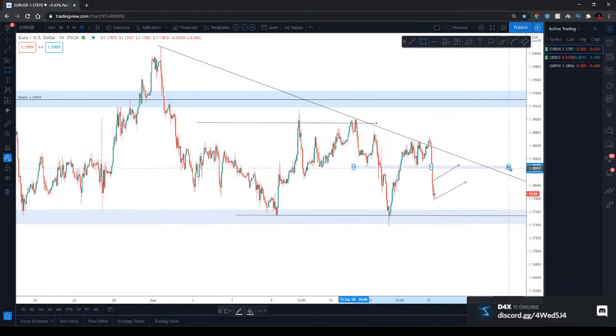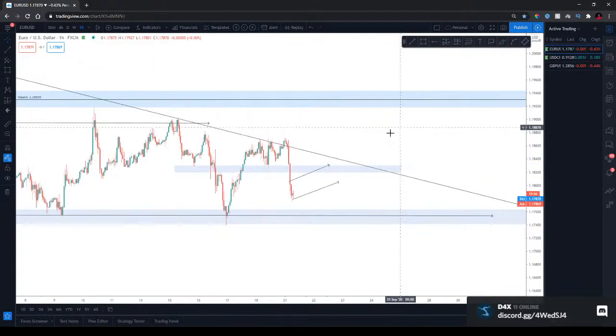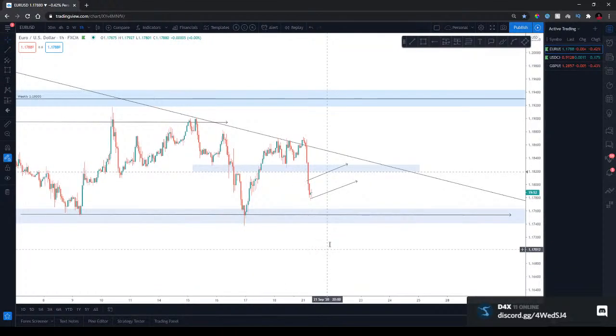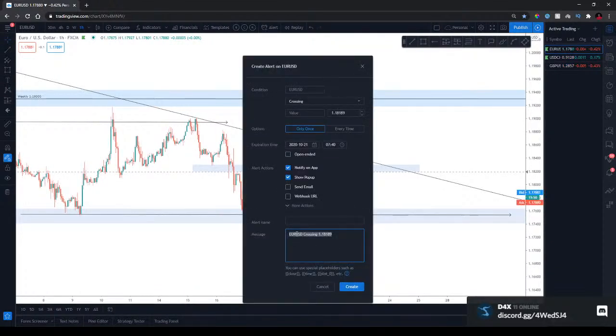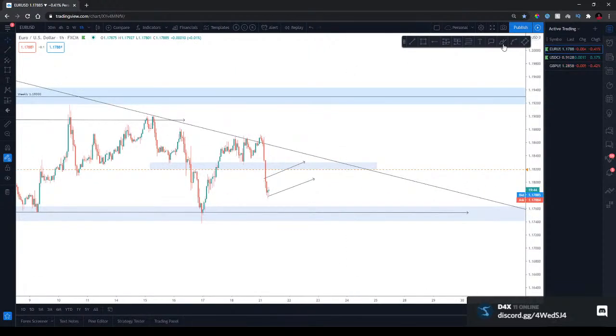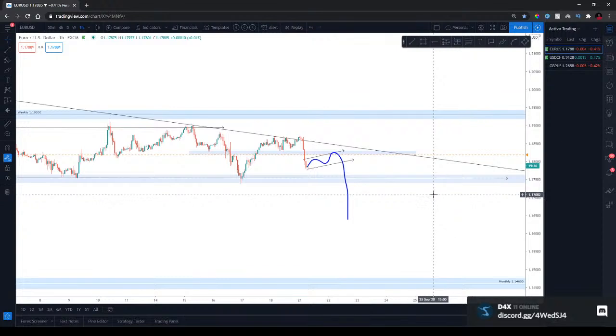We'll go with this area for now, and I'd like it to retest this area, so I'm willing to take this sell if price gets up to this area. And that's pretty much what I'm looking for.